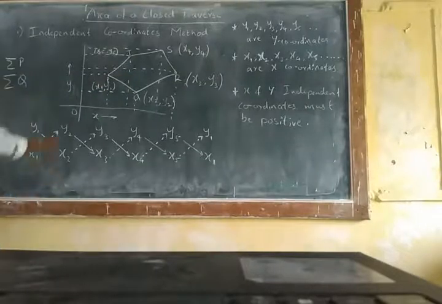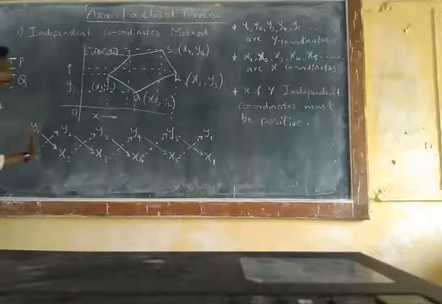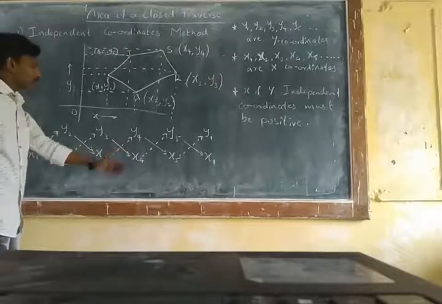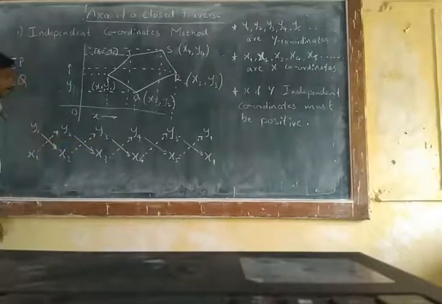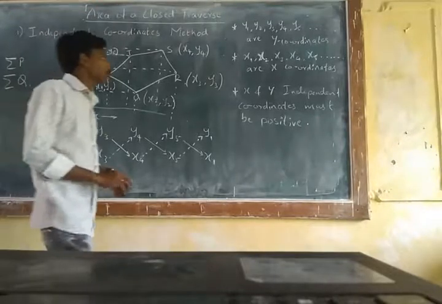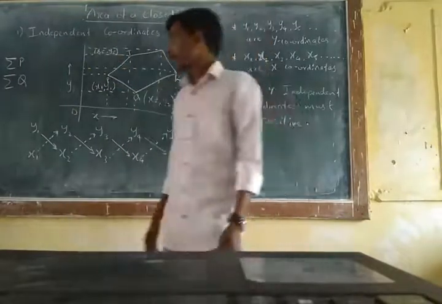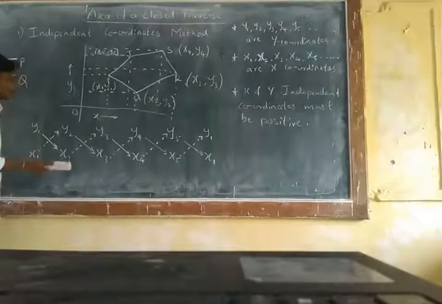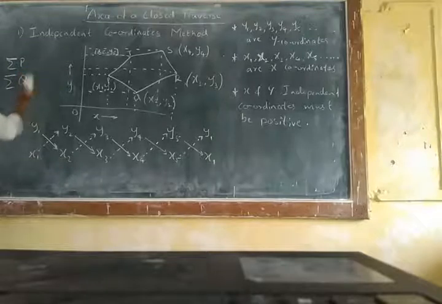So before writing the formula, we need the assistance of this arrangement of coordinates in this manner. Now by looking at this, we can derive the formula for summation of p and summation of q. So before going to that, I'll erase this sketch here so that I can write the formulas above here.